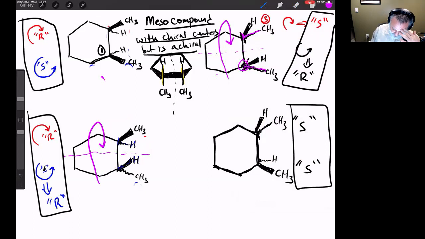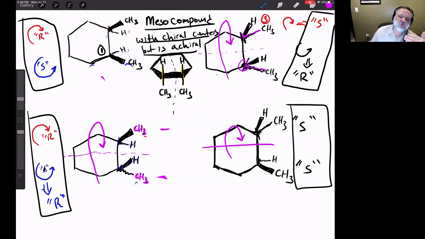Well, this CH3 group would end up pointing up over here on this side. This CH3 group at the top would end up pointing down at this side. And so we end up getting the same projection, and so we would still get R and R. The same thing would be true on the other one. If we come over here and flip the molecule over, we'll still get the configuration of S and S.